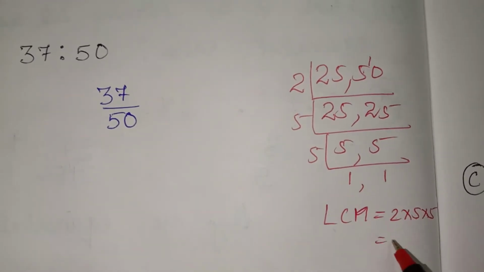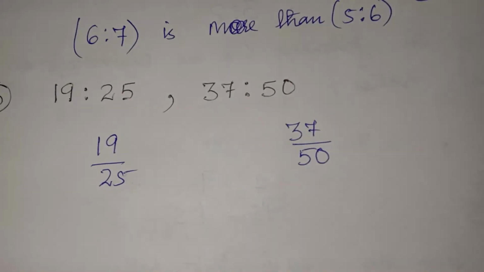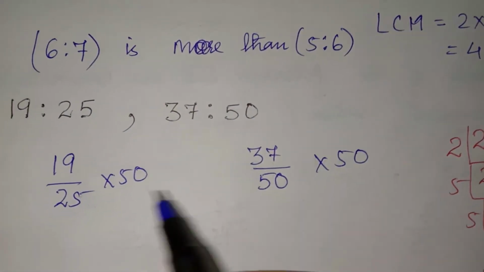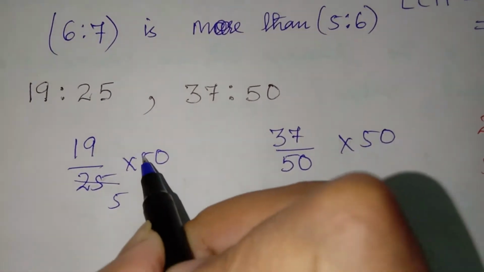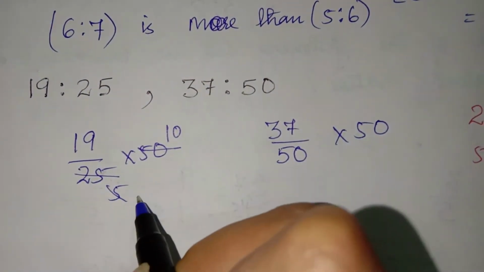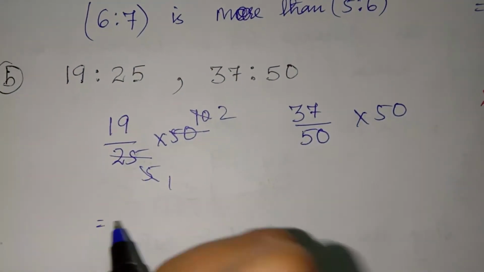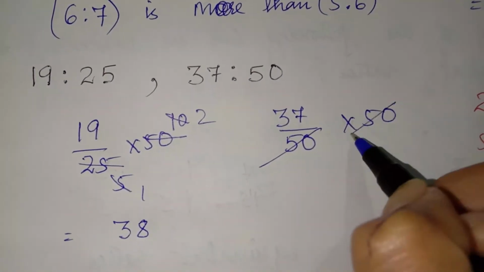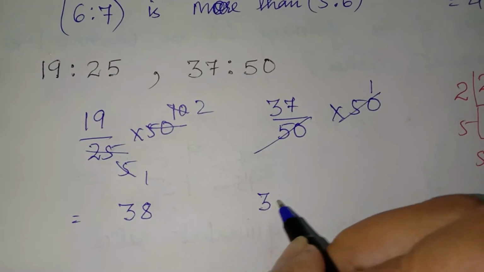5 2s are 10, 10 5s are 50. So 50 will multiply here 50 into 50. So 5 5s are 25, 5 10s are 50, 5 1s are 5, 5 2s are 10. 19 into 2, 38. 50 1s are 50, 50 1s are 50. So this one is 37.